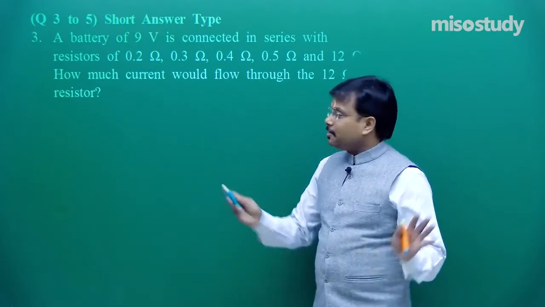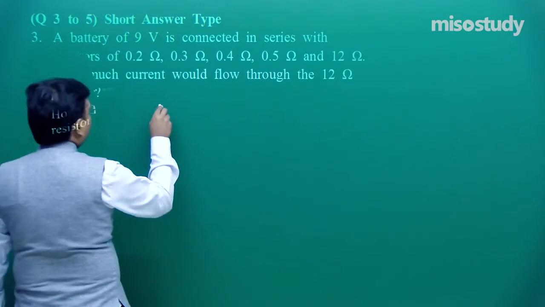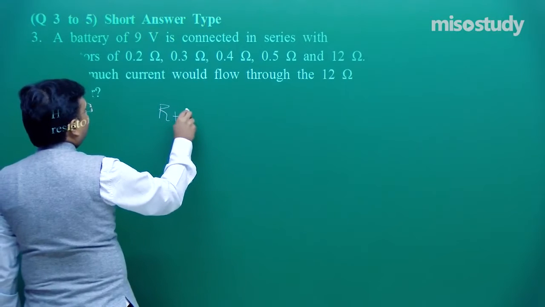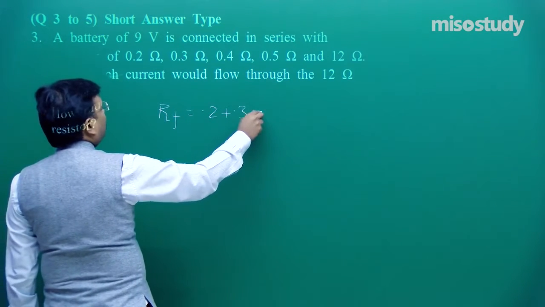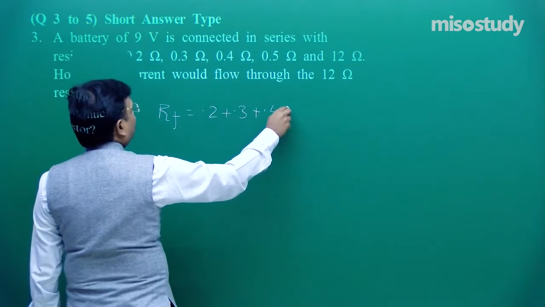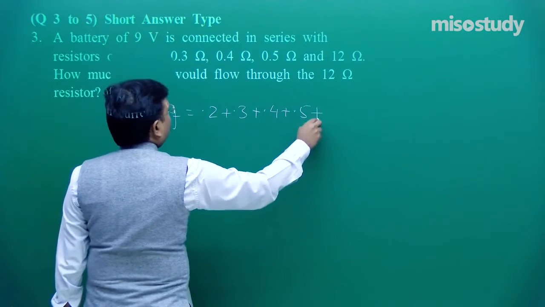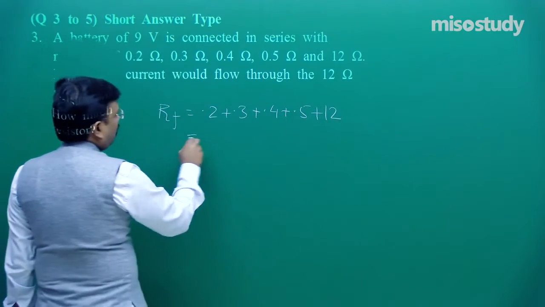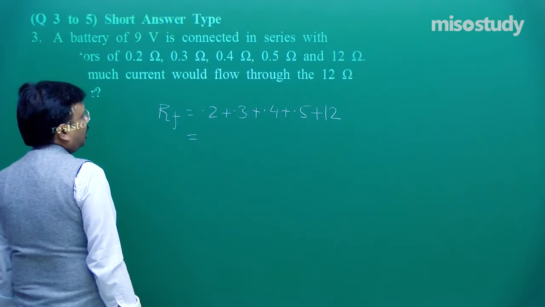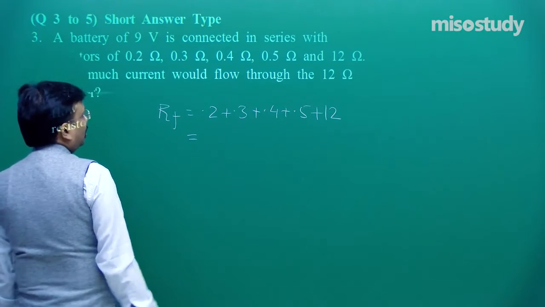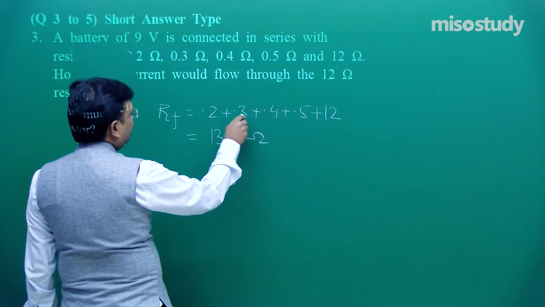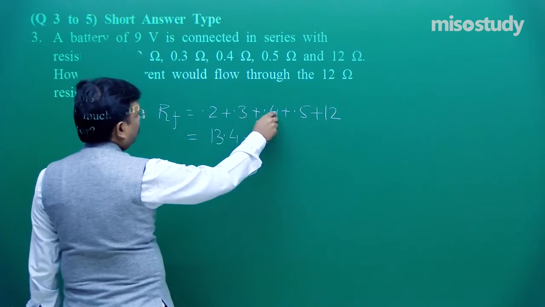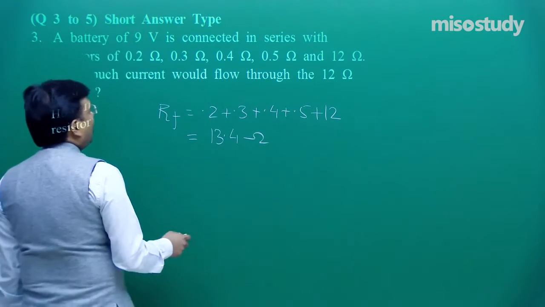So, net resistance you can easily find out, Rf is equal to 0.2 plus 0.3 plus 0.4 plus 0.5 plus 12. So, how much you will get? It is going to be 13.4 ohm, fine.